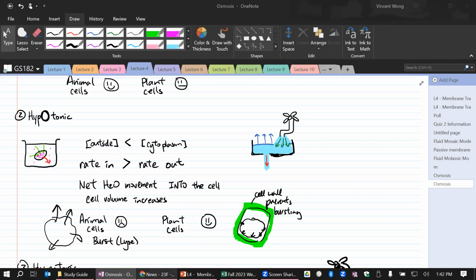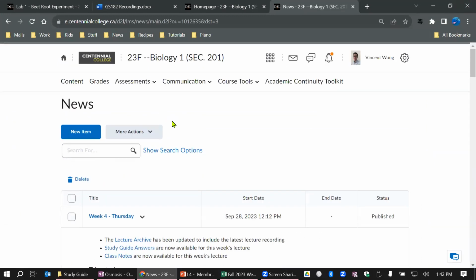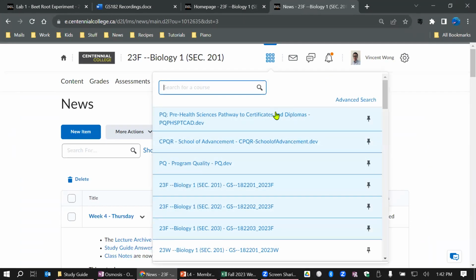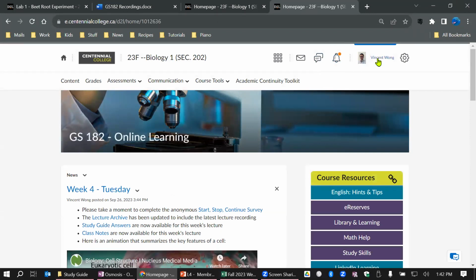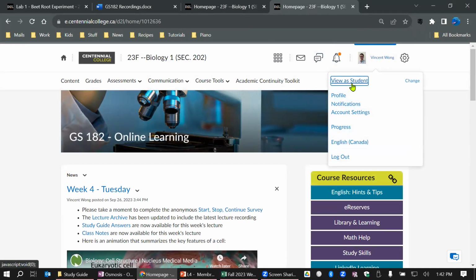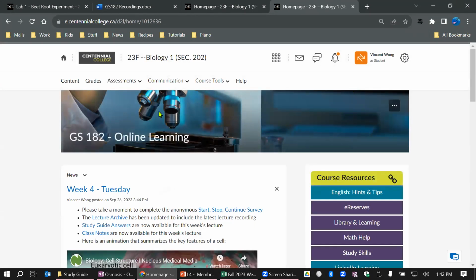Hello, I'm back. Let's take a moment and talk about the lab. Let me switch to student view here so you can see exactly what you will see when you log in.